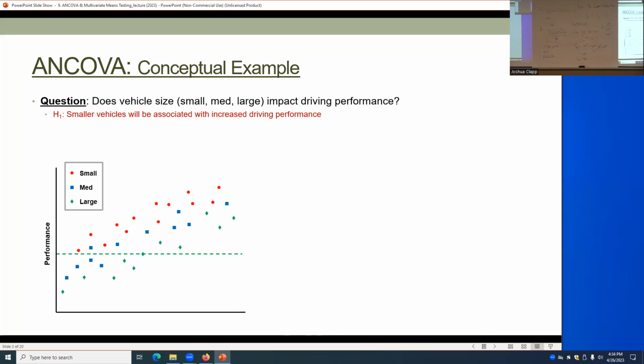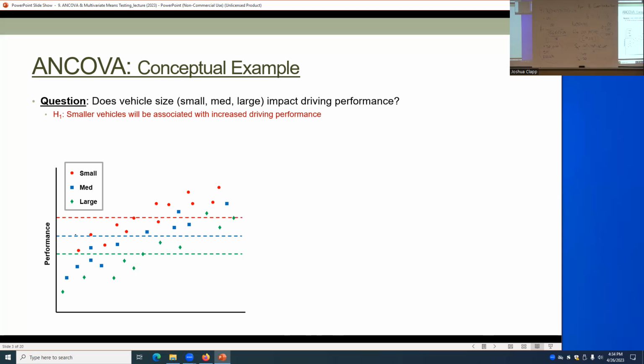And so here's average performance for the large vehicles. Medium vehicle performance increases a little bit. Small vehicle performance is at its highest level.